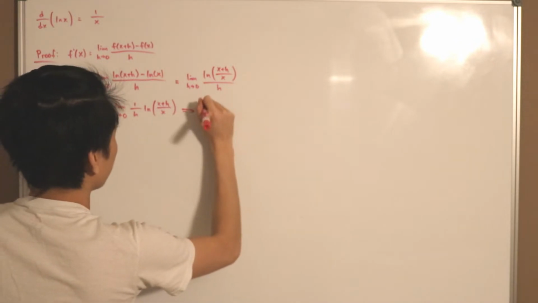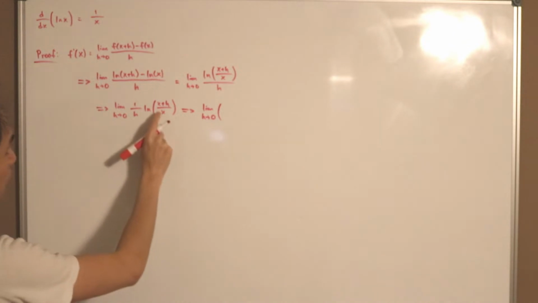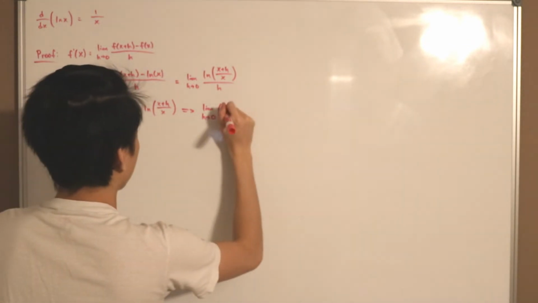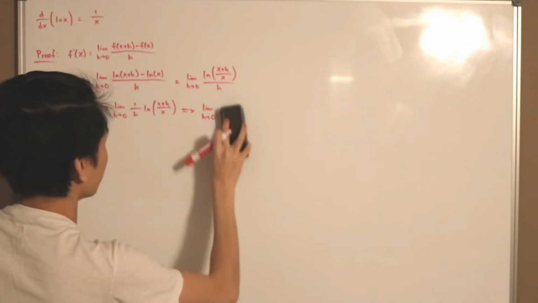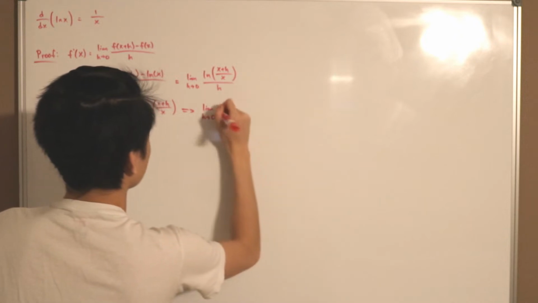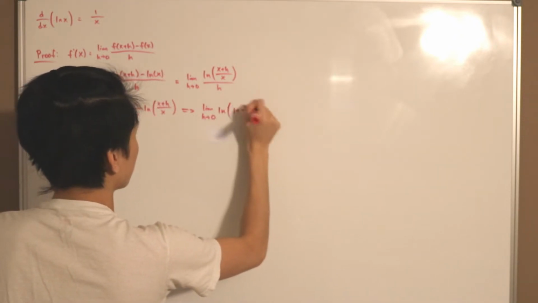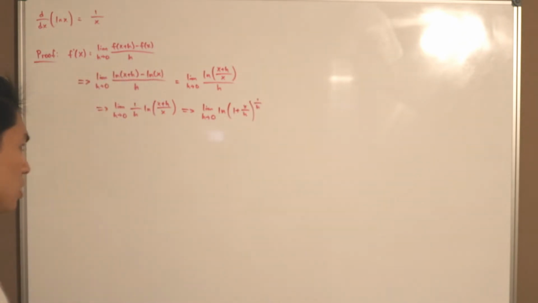So the limit as h approaches 0, and we can simplify the inside of the natural log, which is just 1 plus h divided by x. Whoops, I forgot to write the natural log there. Natural log of 1 plus h over x, and that is being raised to 1 over h.